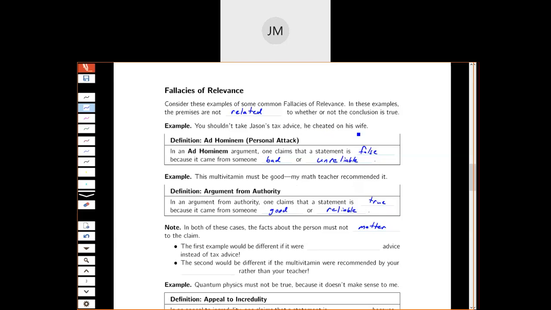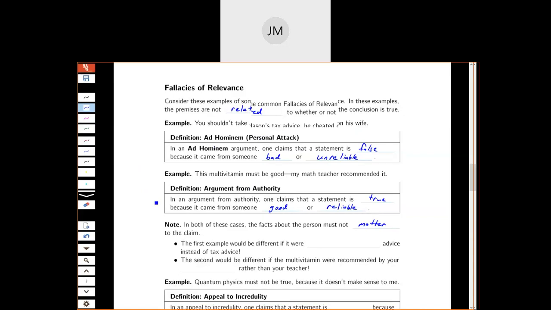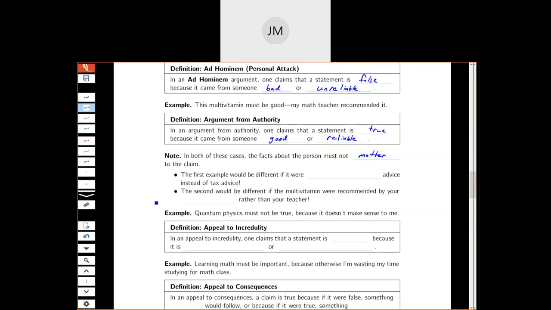Maybe you would look at that and say, I think that the way that he does his taxes is maybe dangerous, so that would give you a reason. It's related to the tax advice. Cheating on his wife is not. It would also be different if it were marriage advice instead of tax advice.